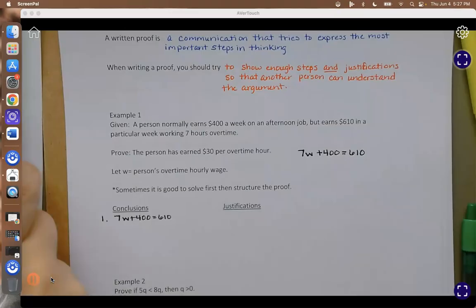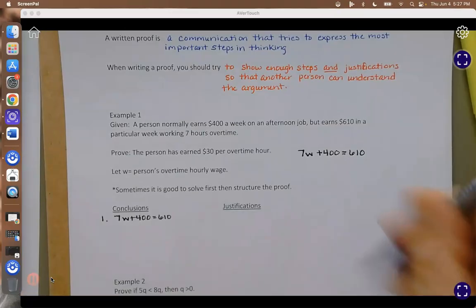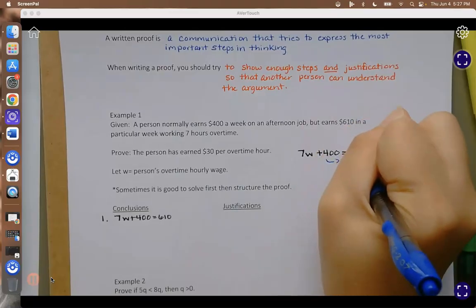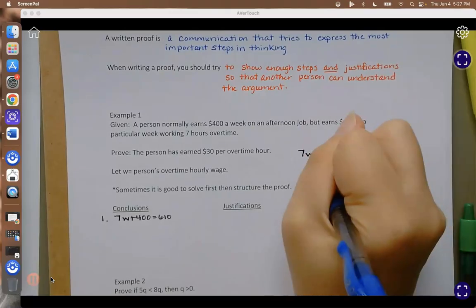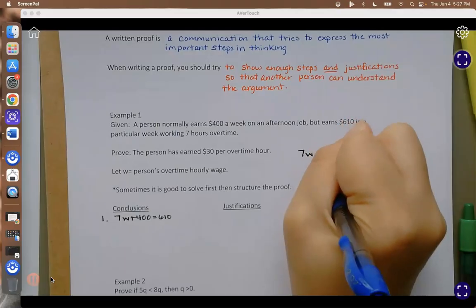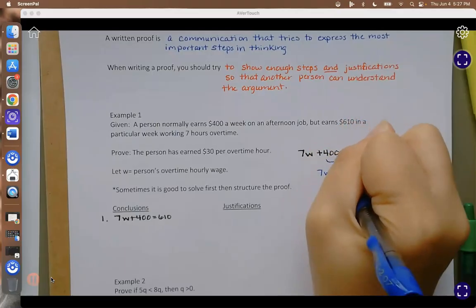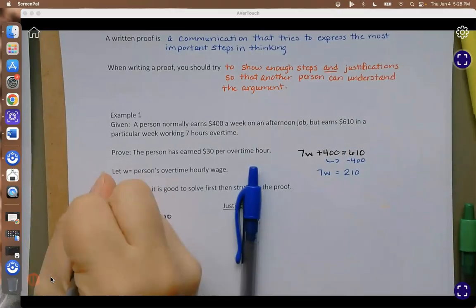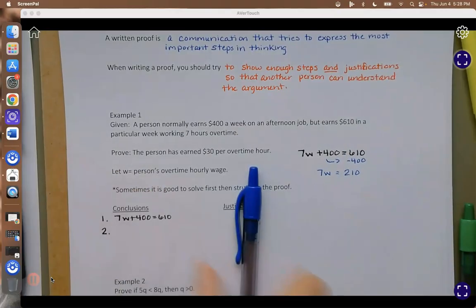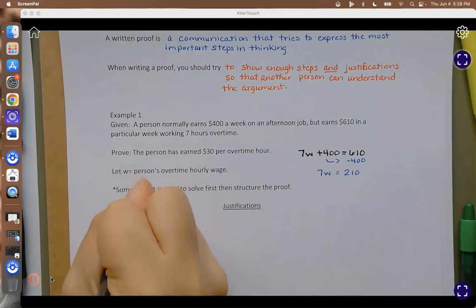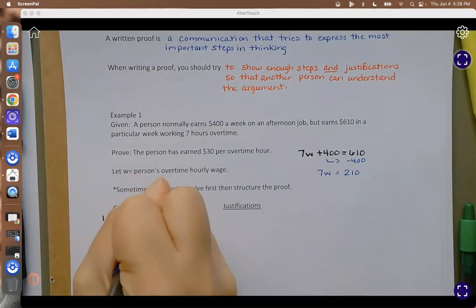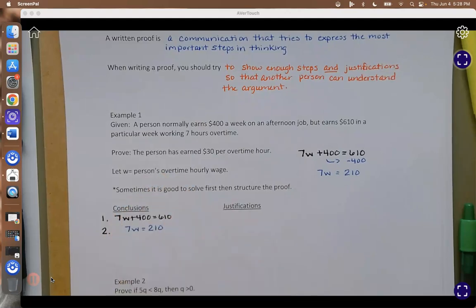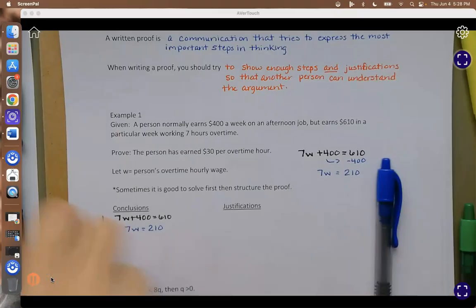If you said subtract 400, that's correct. So step 2 would be 7W equals 210.